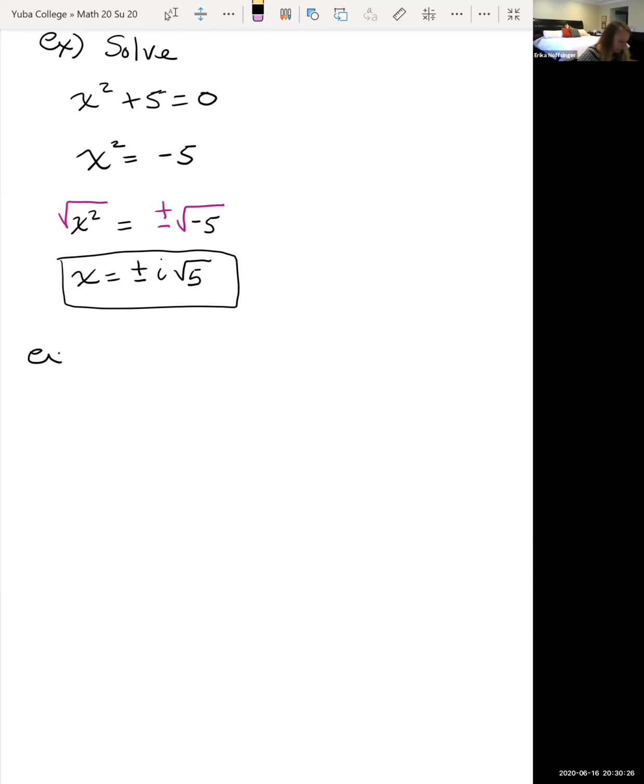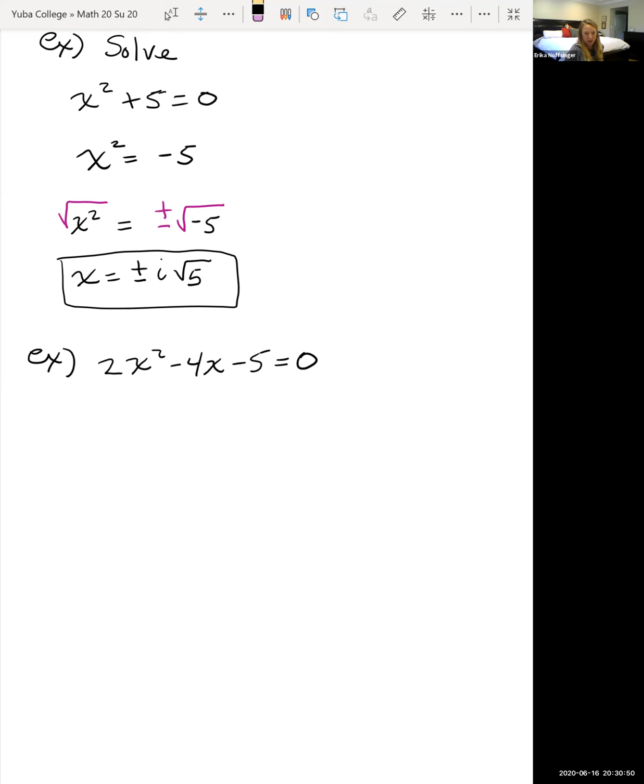So one more, let's say if you had 2x squared minus 4x minus 5 equals 0. First thing I would try to do in this instance is actually try to factor it.